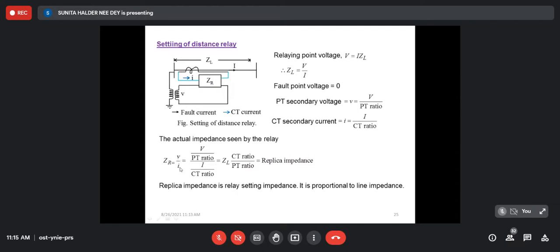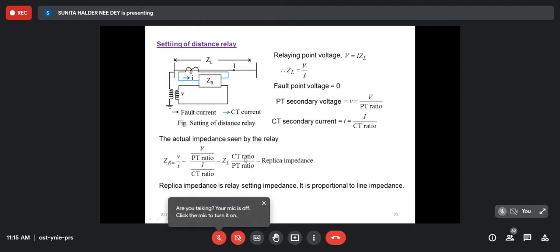So the impedance seen by the relay is V by I. Actually it is a function of the CT and PT ratio as compared to the original line impedance. ZL is the original line impedance. This ZR is called the replica impedance, or the relay impedance. Relay impedance is not the line impedance; it is proportional to the line impedance. It is because line impedance multiplied by the CT by PT ratio is the relay impedance.